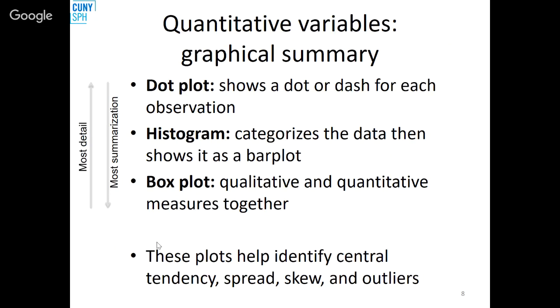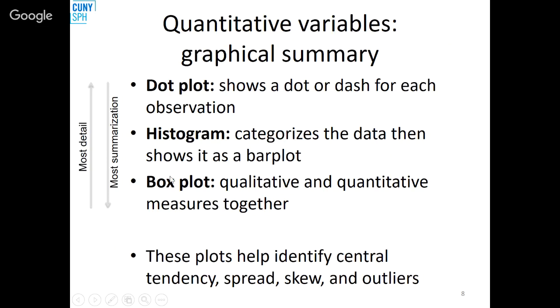Of the options that you have, now we're going to quantitative variables. The three that I showed you last class, the dot plot, the histogram, and the box plot, can kind of be summarized like this, that at the top, this is the most detail and the least summarization. The dot plot, that's because this shows every single observation, whereas towards the bottom, we get more summarization and less detail.